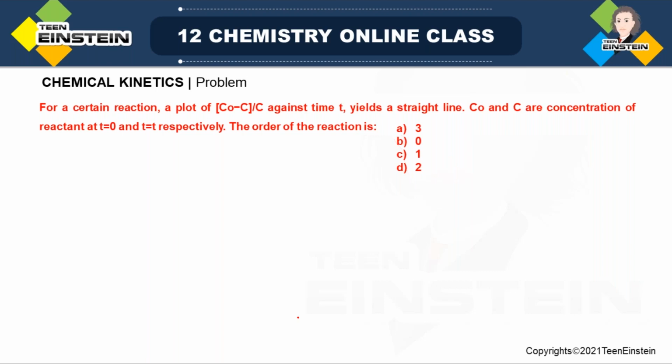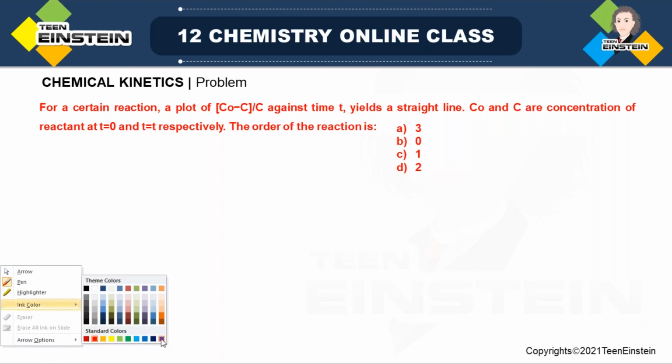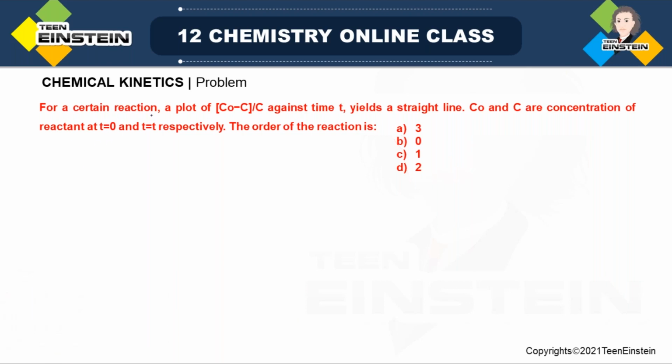This will be the last question. For a certain reaction, there is a plot of C0 minus C divided by C against time. We are getting a straight line. What is C0? What is C?